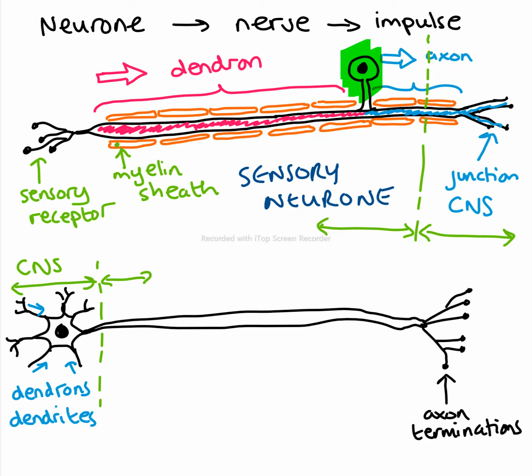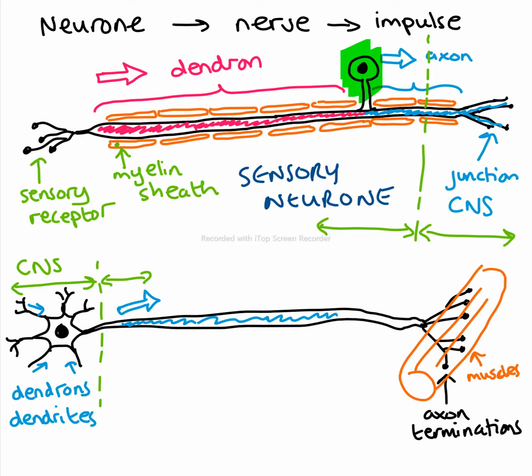And they are linked to, so let me draw that, pretend you've got that, your effector. It's your muscle, and that's what's going to pull your hand back. Let's go back to this. The impulse has come along the dendrites, along the dendron, past the cell body, and now it's heading off down here.